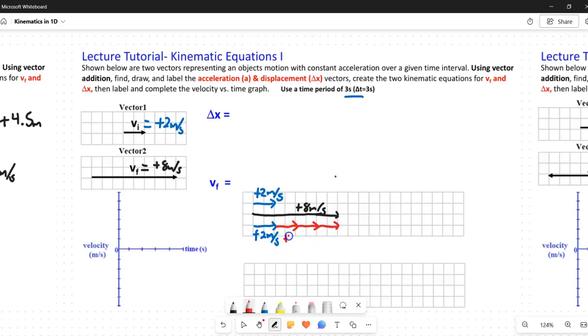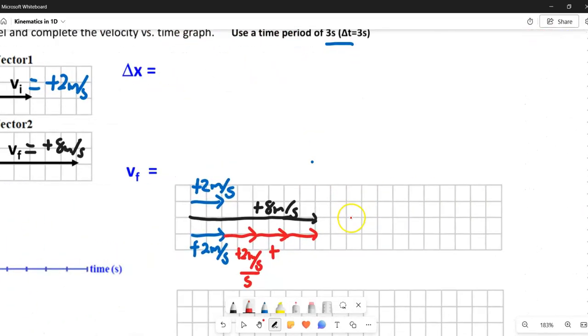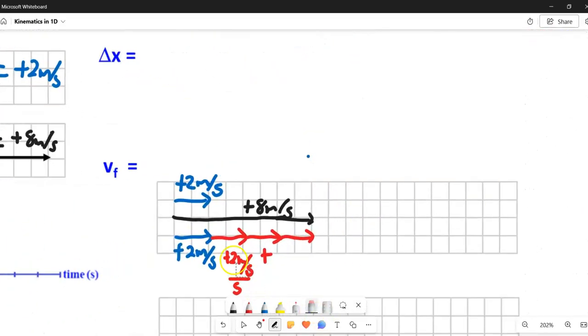So each one of these is positive 2 meters per second for every second, right? This looks terrible. I'm going to zoom in and try to make it look a little bit better.